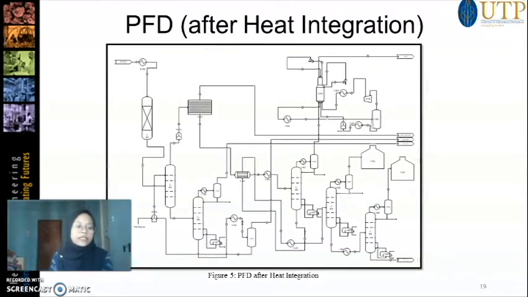So after incorporating it in the previous PFD, the new PFD appears as shown. With this, I pass my presentation to my friend.